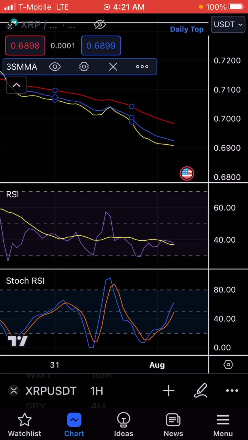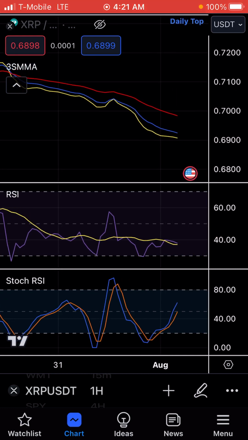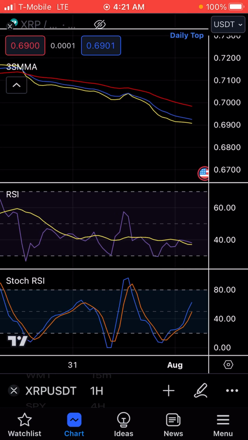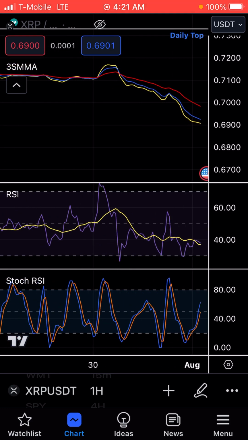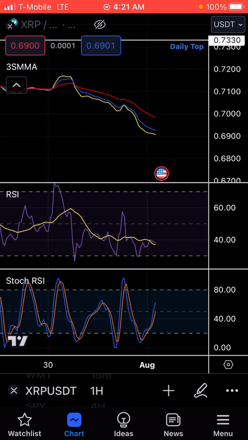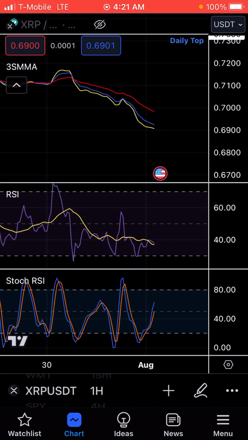The 20 really acts as kind of, if the 20 is above the other lines, it means it's a downtrend. If it's below the other lines, it's an uptrend. So it's a good way to see it. And there's many different ways to spot good moments to do a trade when it comes to this formula.